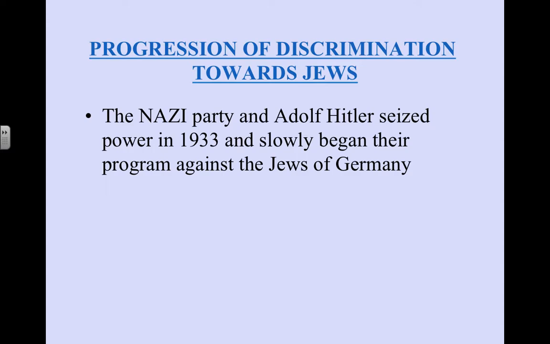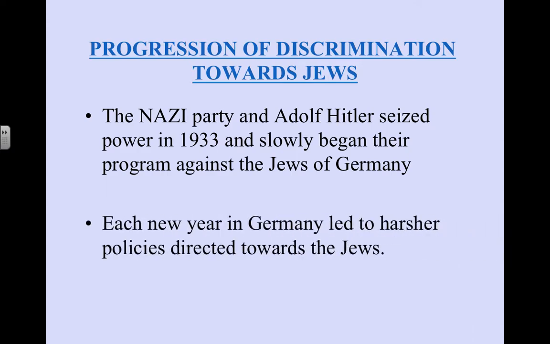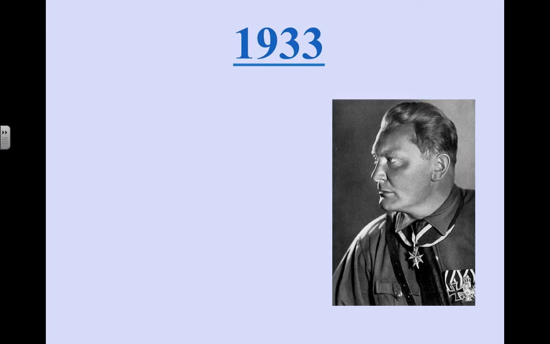He didn't start out by killing anyone. If he had started out by killing people, he would not have been successful with his plan. Each new year in Germany led to harsher policies directed toward the Jews. So he started very, very small. Small enough so that people around noticed but didn't really do anything about it.